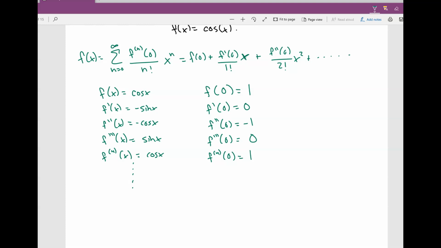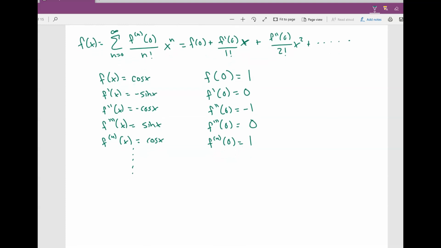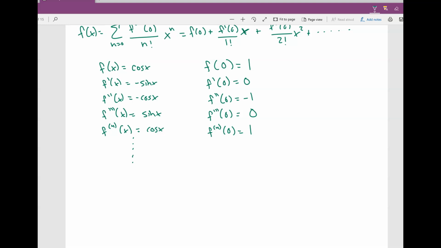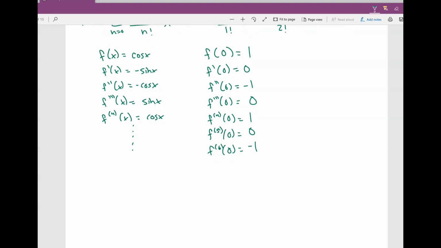So it goes 1, 0, negative 1, 0, 1, which kind of makes sense because that's just how the sine and the cosine curve look like. Okay. So let's go ahead and I can even do a little bit more if you really want me to. 0, and then at 6, when I plug in 0, it's going to be back at negative 1, so on.